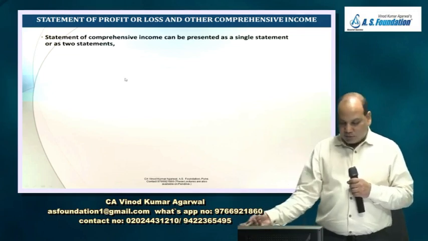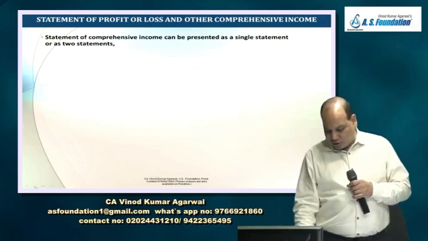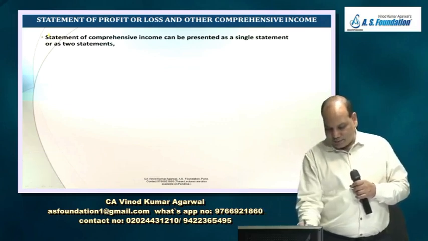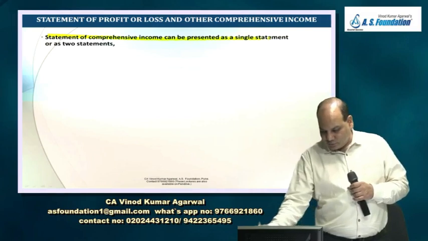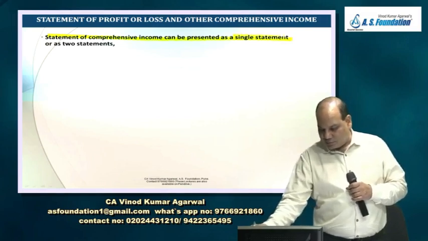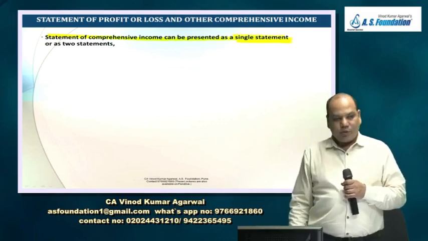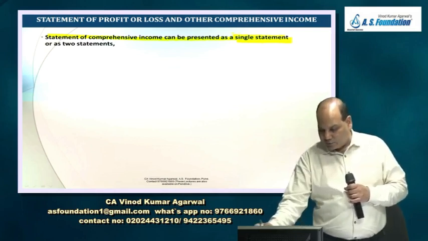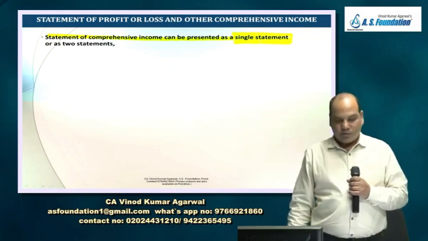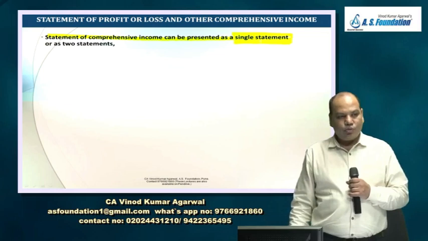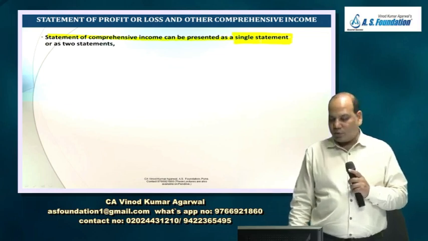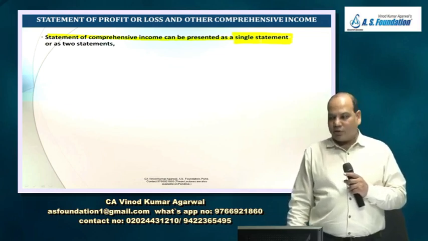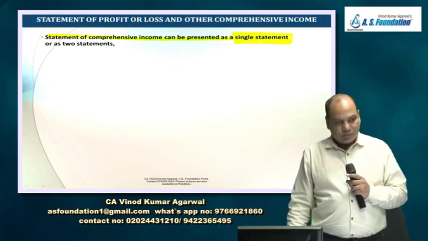Again, you understand, IAS 1 gives you two choices. Either you can present statement of profit and loss or other comprehensive income as a single statement, one statement, in which you will write two sections. Section 1 profit or loss and section 2 other comprehensive income.